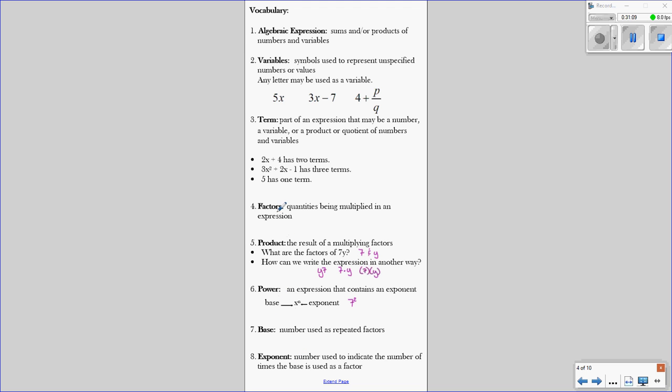Product is composed of factors, 2 or 3 numbers multiplied to give you the result, which is the product. With algebraic expressions, you have variables and you have terms. Variables could be combined with letters, combined with numbers, which creates a term. It could be a number or a variable can stand by itself and be just a term. You could have 2 or 3 or 4 or many terms to create an algebraic expression.